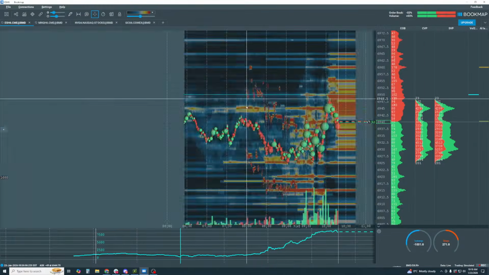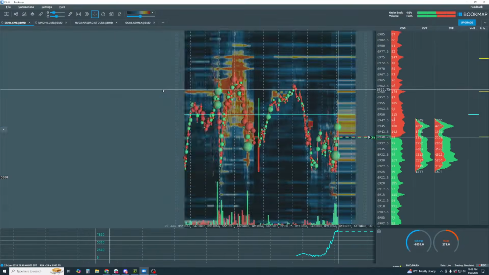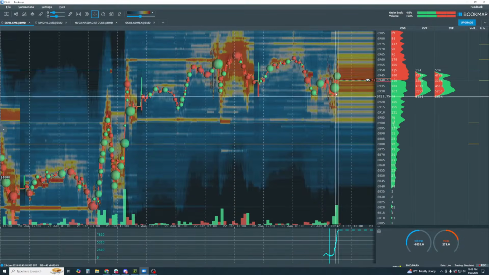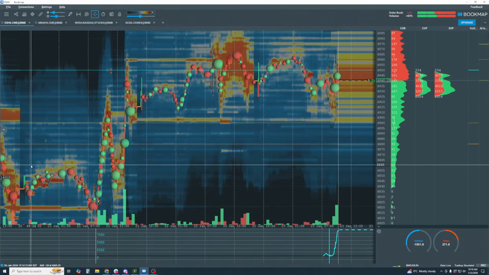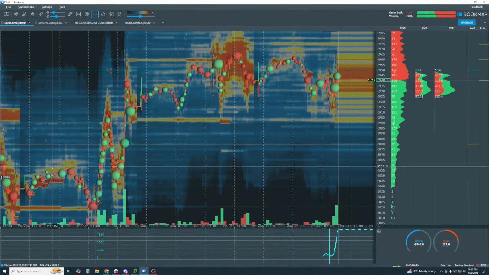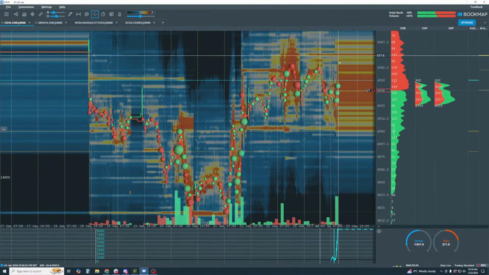Let's take a look. We're looking at the S&P E-mini. What do we see so far? Well, here's the cash open, and I'm zooming out here for a couple of days, 3 or 4 days. In fact, let's look at the entire week. Okay, this is the week here, right?